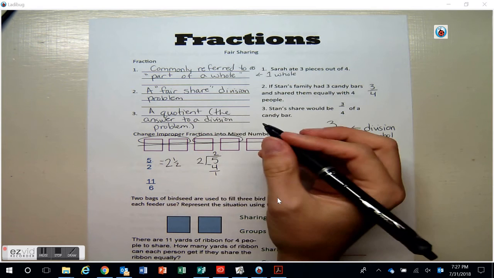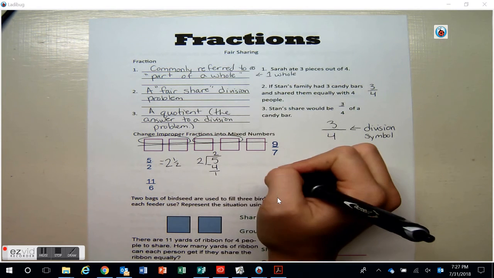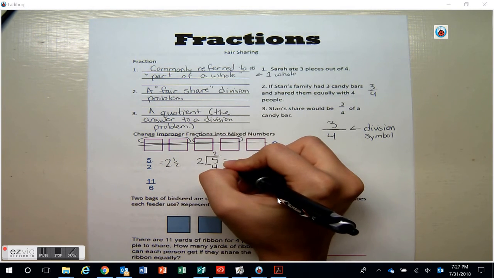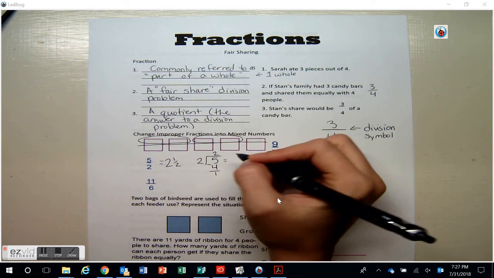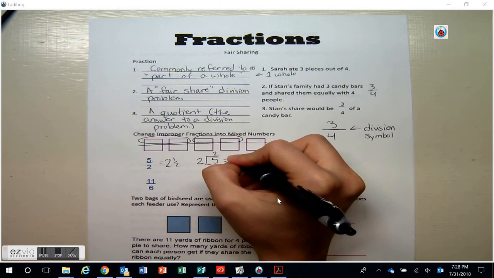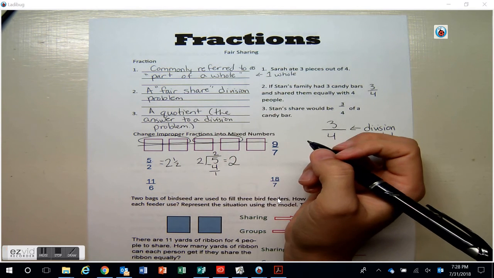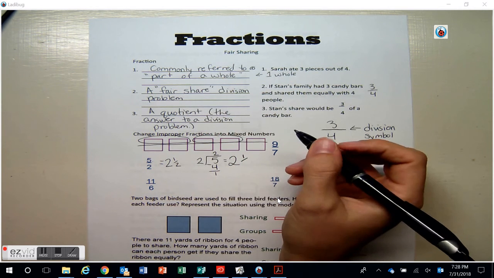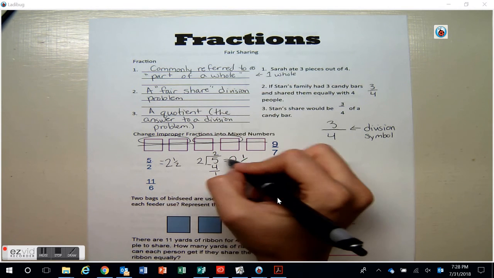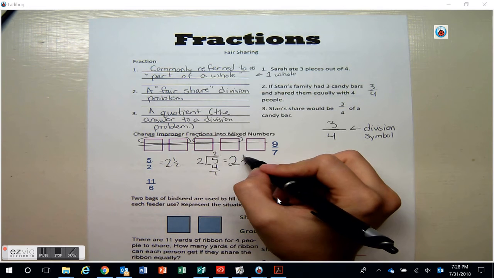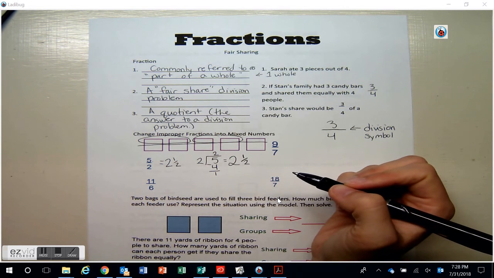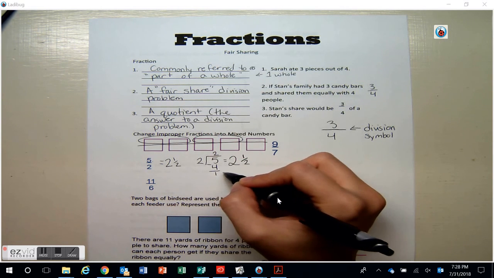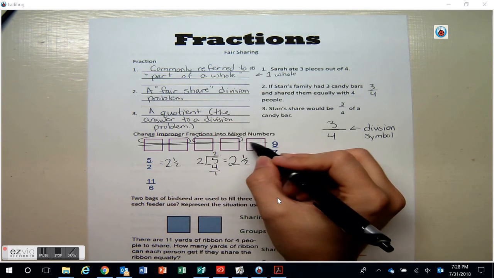And here is an answer. Stan's share would be 3/4 of a candy bar. This symbol here, which we use in fractions, is also a division symbol. Not only is this the answer, but it's also the division problem.